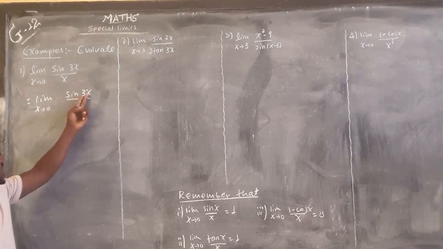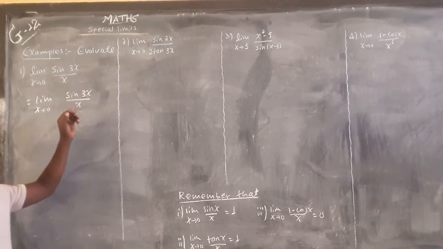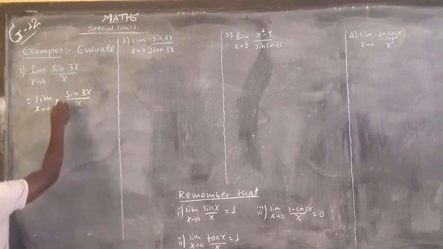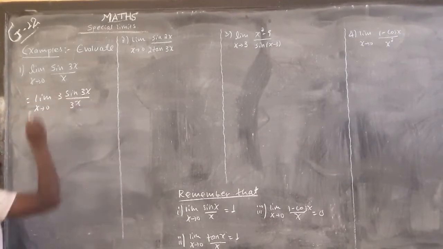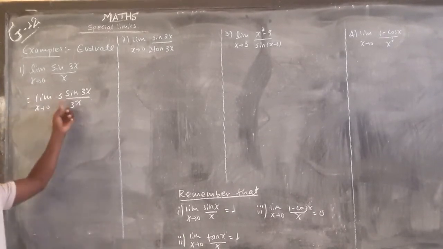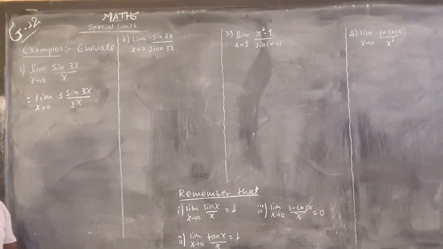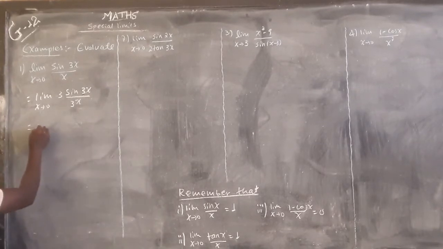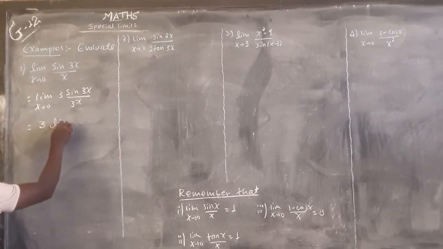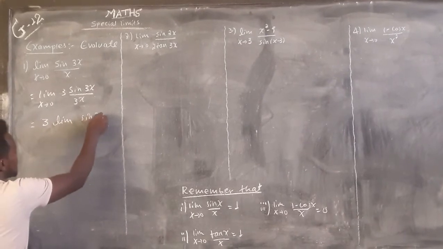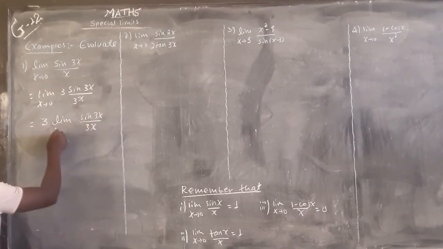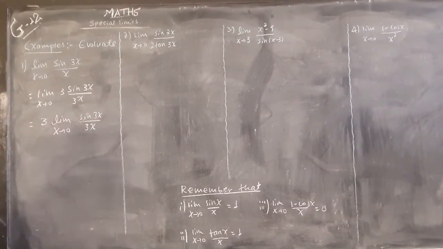So we can make 3x and x equal. In order to make it equal, we can multiply by 3 over 3. Since 3 over 3 is 1, then this is 3 times limit of sine 3x over 3x as x approaches 0.